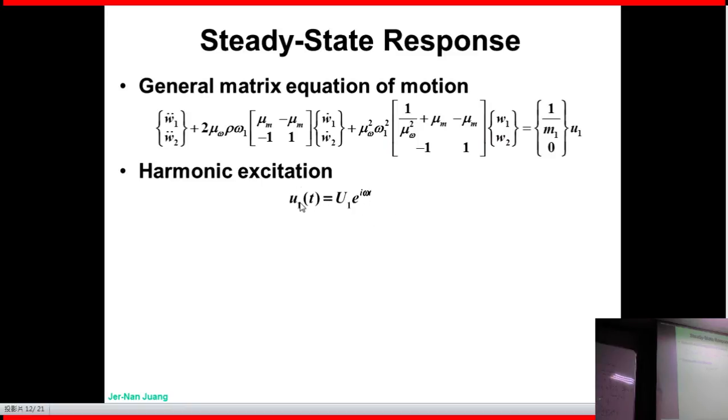The U1, maybe say from an earthquake, comes with omega frequencies. Of course, when the earthquake comes in, there can be a lot of omega in there, right? Can be many omega in there. But in Taiwan, the earthquakes are all less than 15 hertz.